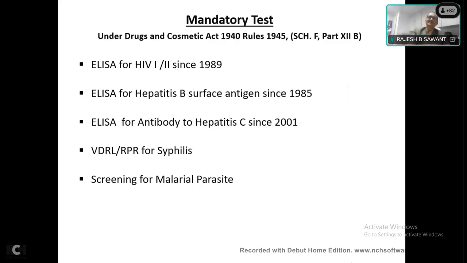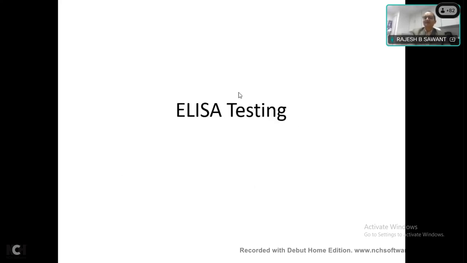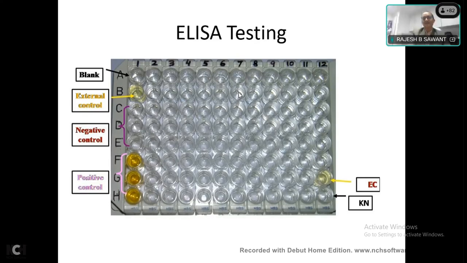As I said, the tests that are mandatory as per the Drugs and Cosmetics Act are HIV 1 and 2, hepatitis B, hepatitis C, malaria, and syphilis. The technology used most commonly even today in India is ELISA testing. This is the microplate ELISA, where we have positive and negative controls, an external control and a blank, and then you have your donor samples.